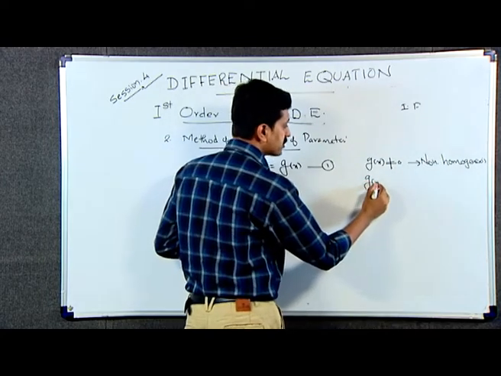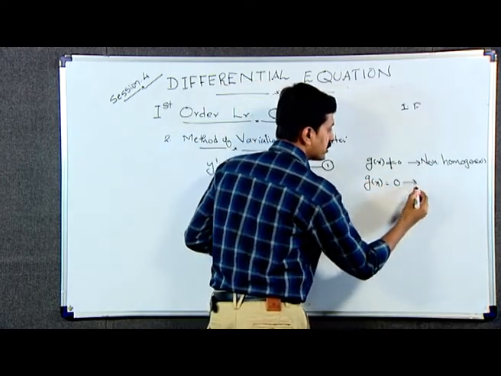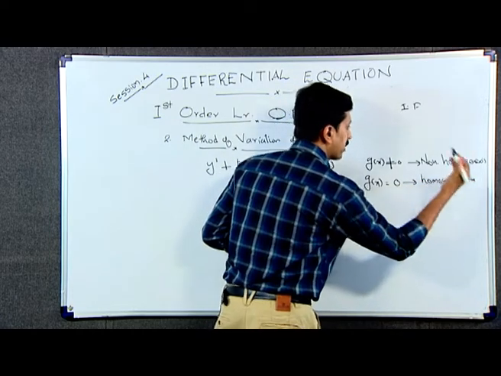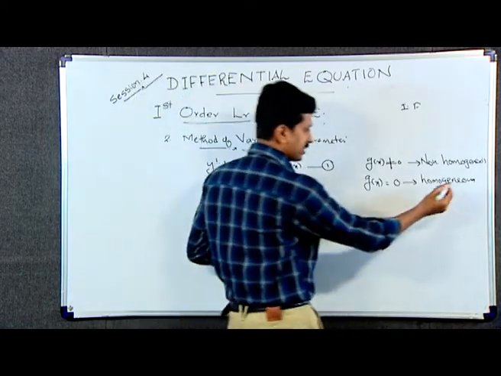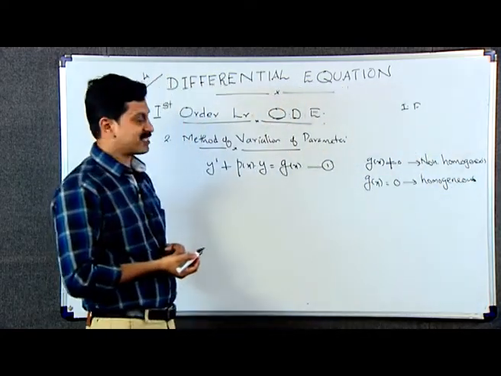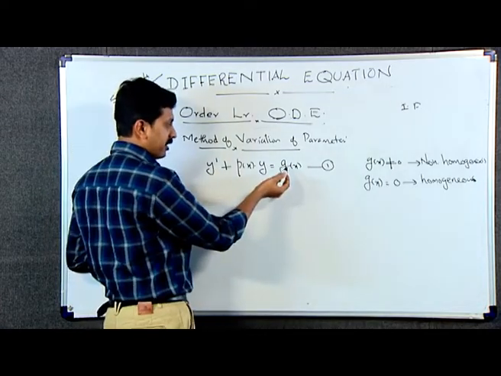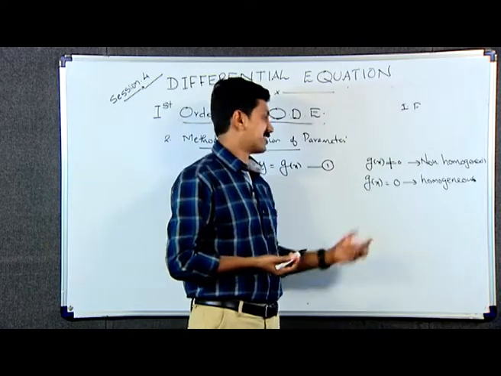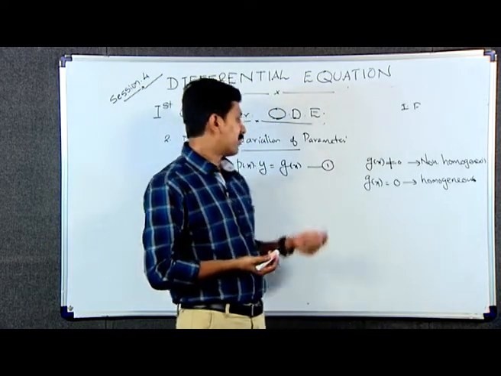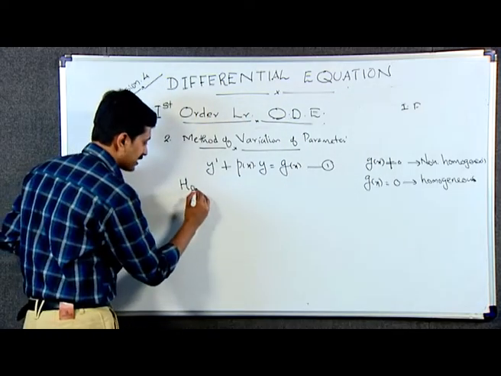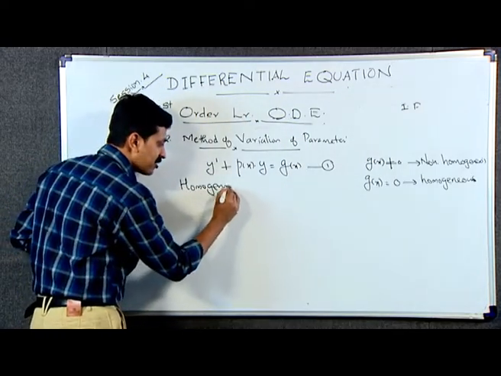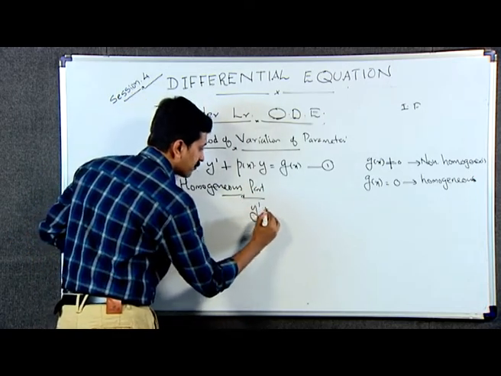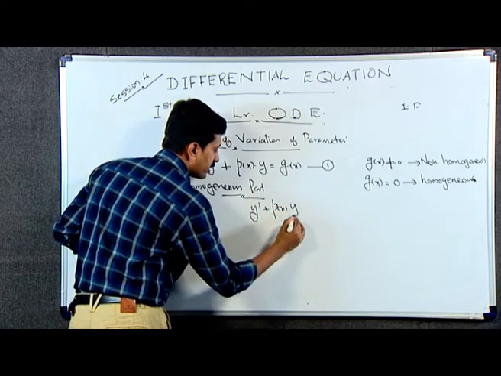And if g of x is equal to 0, then we treat this as a homogeneous linear differential equation. Every non-homogeneous linear differential equation has a homogeneous part, which we can consider, that is y dash plus p of x times y is equal to 0.